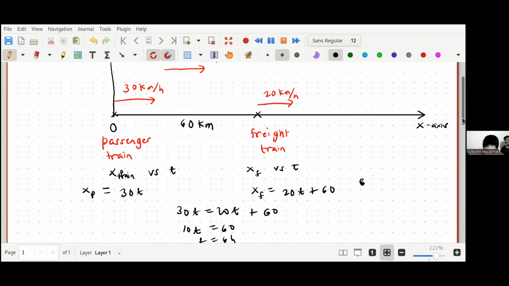Di ba nangyayari naman yan for migratory birds, ganyang katagal na flight times, they fly the whole day, halos. Opo. So medyo reasonable pa naman yung ganung distances. Although hindi ko alam kung 40 is a reasonable speed for a bird.